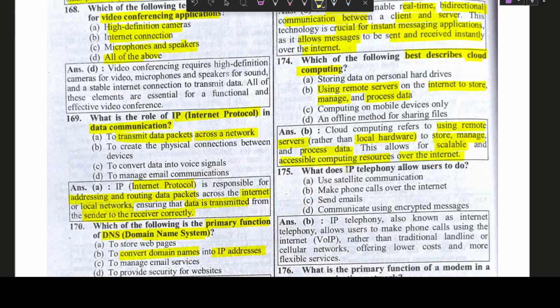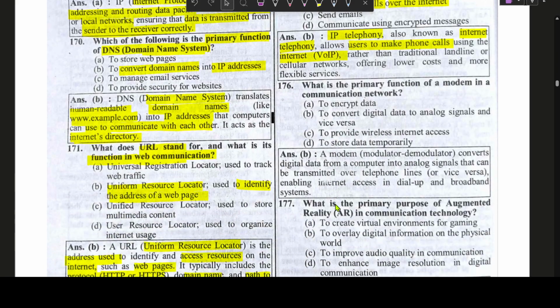What does IP telephony allow users to do? So make phone calls over the internet. IP telephony is also known as internet telephony, and it allows users to make phone calls using the internet, VoIP, Voice over Internet Protocol, rather than a traditional landline or cellular network. It offers lower cost and more flexible service.